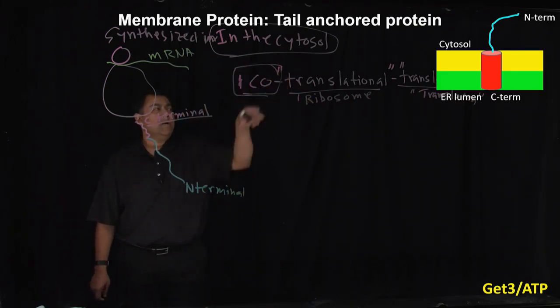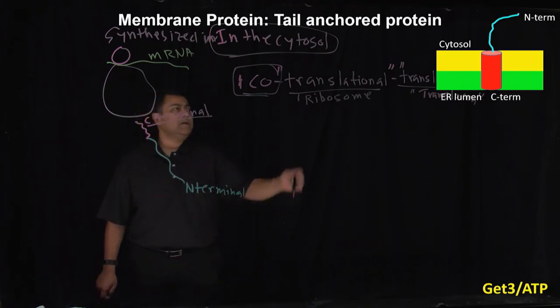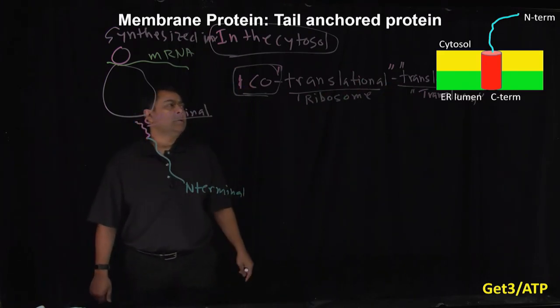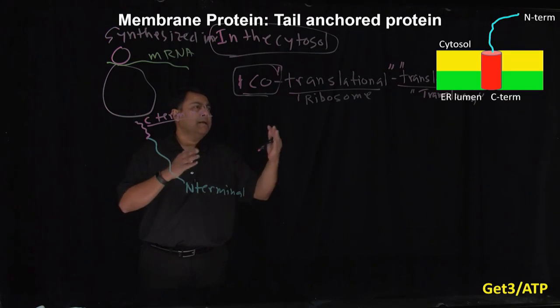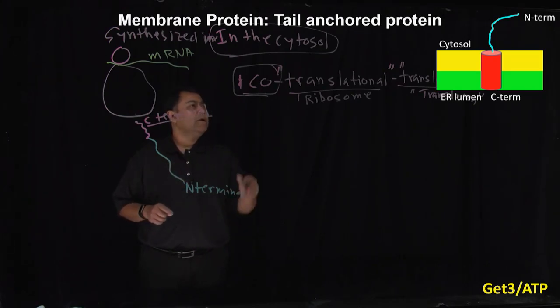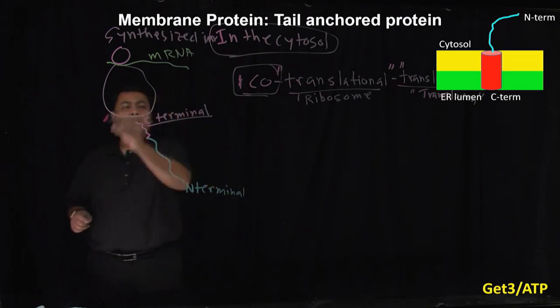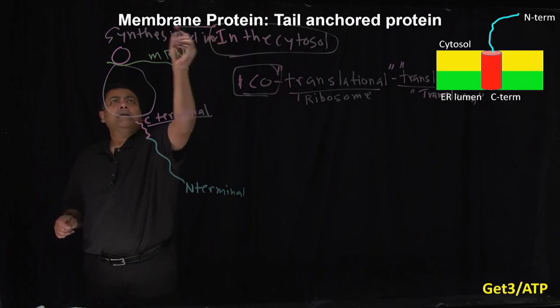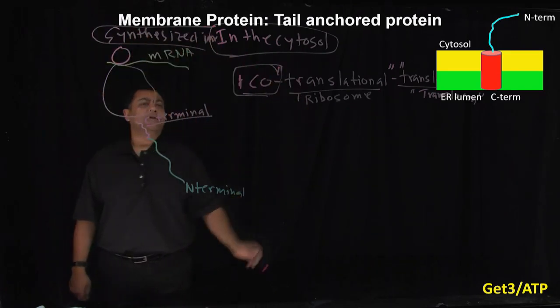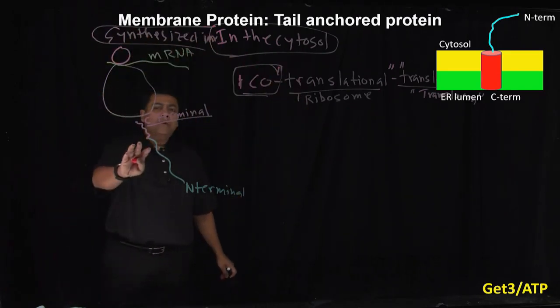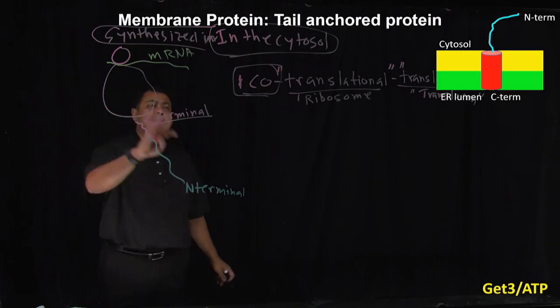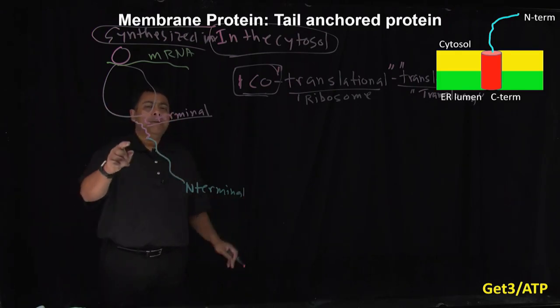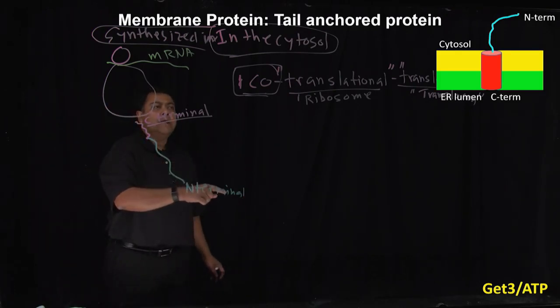The ribosome sits on the translocon doing the translation, and simultaneously the translocation is happening. Of course, it will stop at the stop transfer anchor sequence and all those, but it is that. But here you can see the entire protein is synthesized in the cytosol. Now, after it is completely synthesized, it will be brought onto the ER membrane.